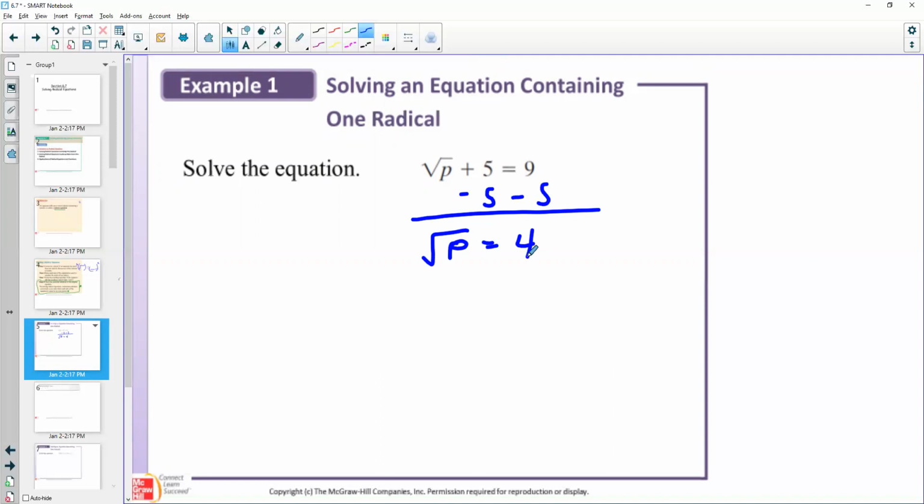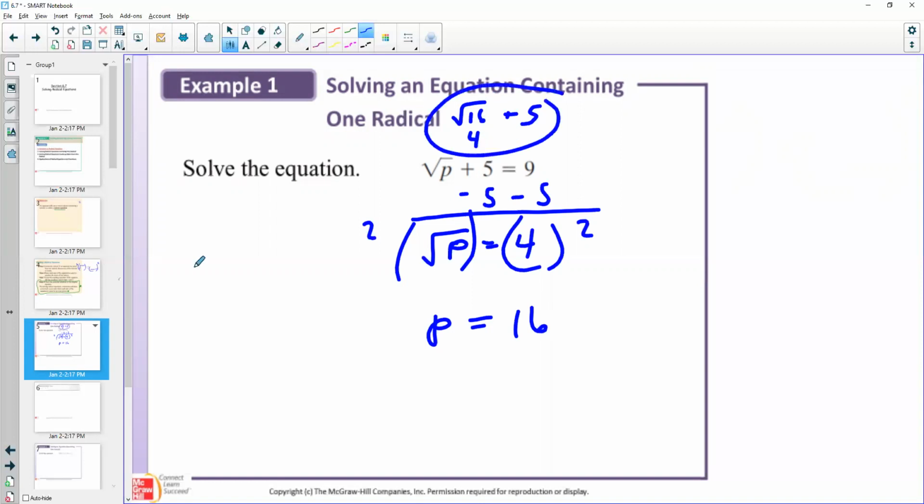So this is a square root, so I'm going to square both sides. If I square radical p, I just get p back. If I square 4, I get 16. The answer is 16. If I put 16 under here, radical 16 plus 5, does that equal 9? Well, radical 16 is 4. It sure does. So that's good.